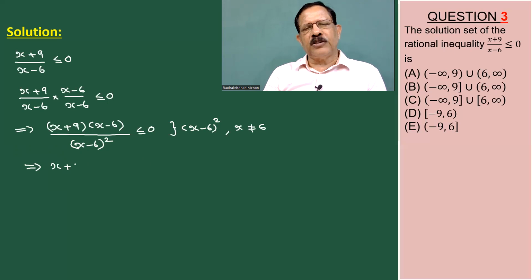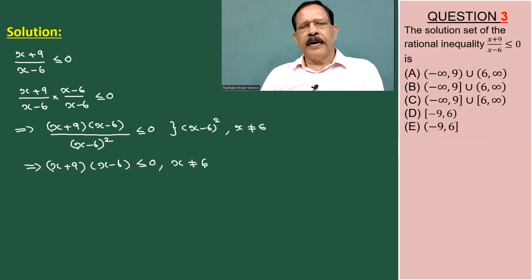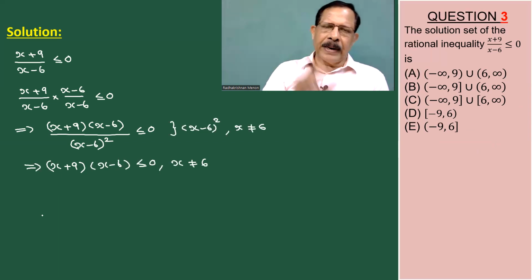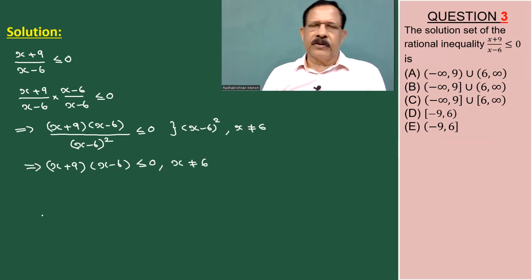So x plus 9 into x minus 6 less than or equal to 0, also x not equal to 6. Now this is a second degree inequality. You should know the interval in which x lies. If it is equal to 0, the roots are minus 9 and 6. Therefore, x must lie in the interval between the roots.